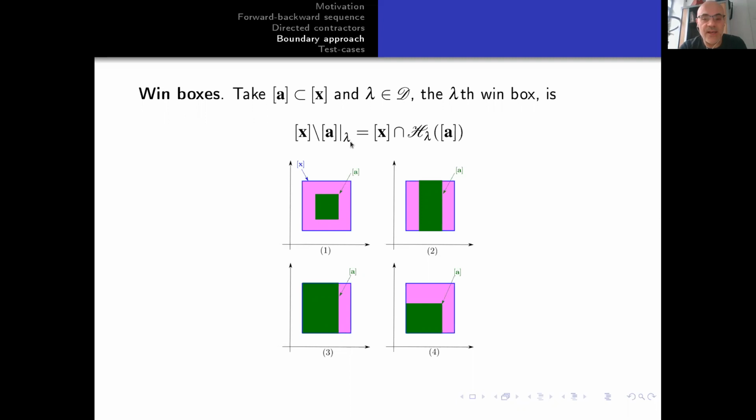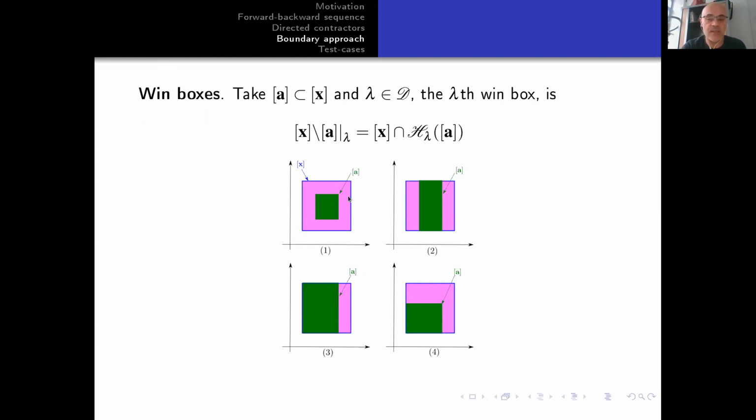I can define here the box corresponding to this as the set of all points in X that intersect h lambda of A. So I can see that here I have 1, 2, 3, and 4 wind boxes. In this situation, I have 2 wind boxes, here 1 wind box, and here 2 wind boxes. So it can be connected or not.